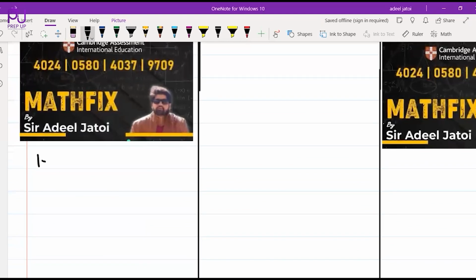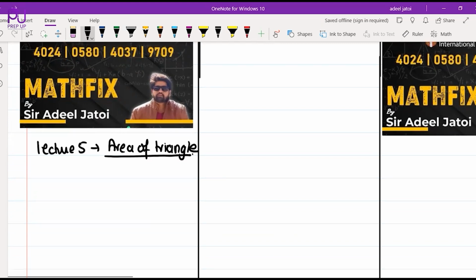Lecture number 5 comprises the area of a triangle. Now, in trigonometry, you need to understand the area of the triangle.